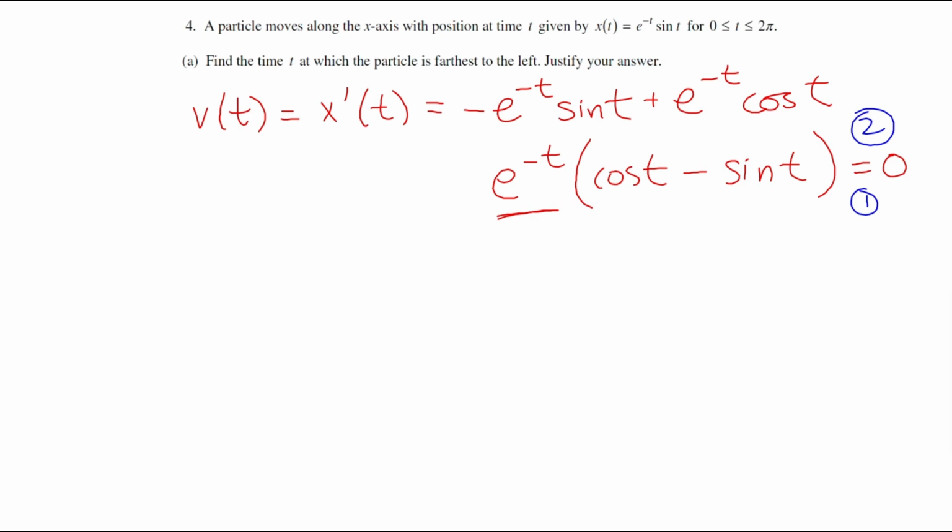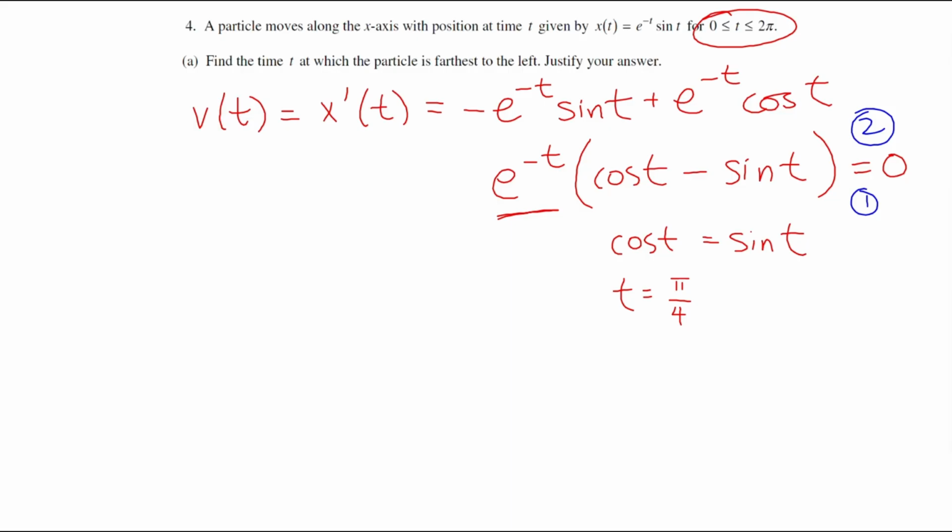But cosine of t minus sine t equals 0 if cosine of t is equal to the sine of t. And on the interval 0 to 2 pi, that happens twice, right? It's always at increments of pi over 4. And the first time that sine and cosine have the same sign is at pi over 4 in the first quadrant. In the second quadrant, sine and cosine have opposite signs.